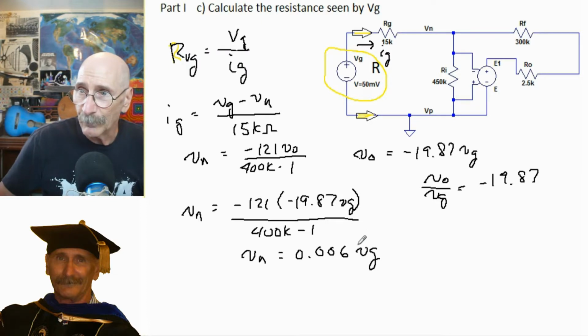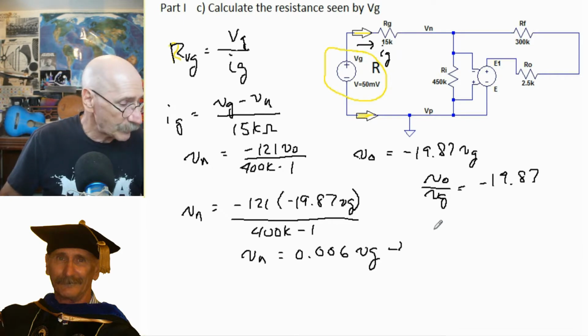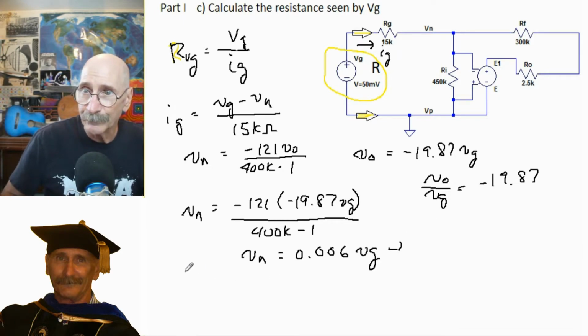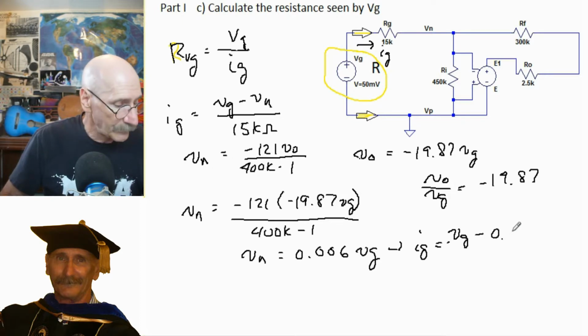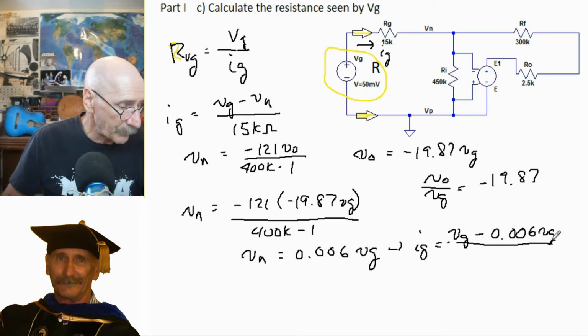And then let's go ahead and pull, I'm going to write it over here actually. From that we can go to, now over here is good. I sub G equals VG minus 0.006 VG divided by 15K ohms.